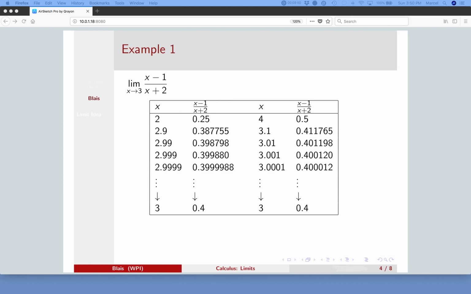If we were to graph this function, and this is something that we will learn how to do throughout the course, we'll see that we have a vertical asymptote of x equals -2 and a horizontal asymptote of y equals 1, and the actual graph of the function will look something like so.